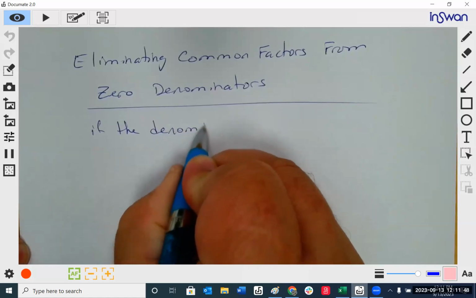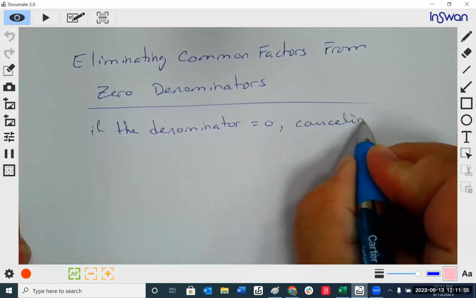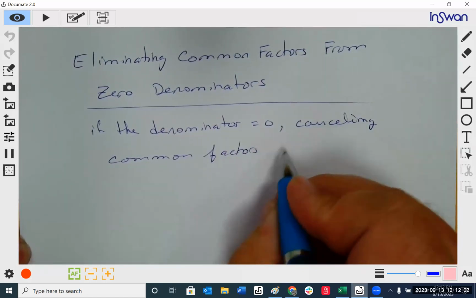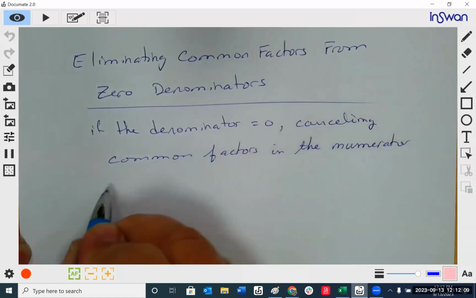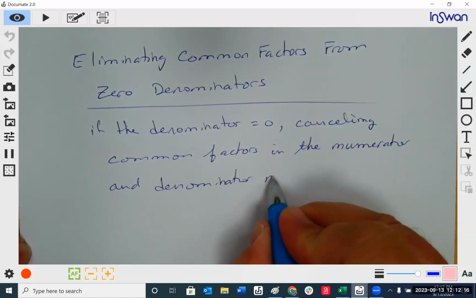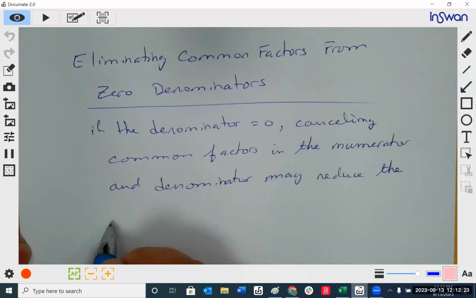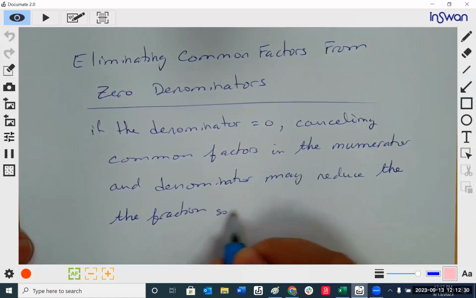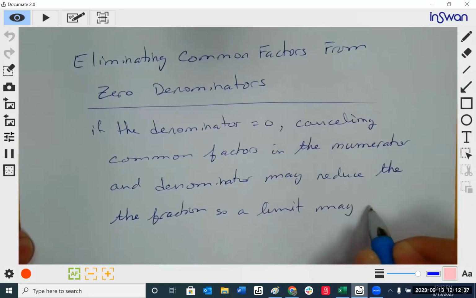If the denominator equals 0, canceling common factors in the numerator and denominator may reduce the fraction, so a limit may exist.